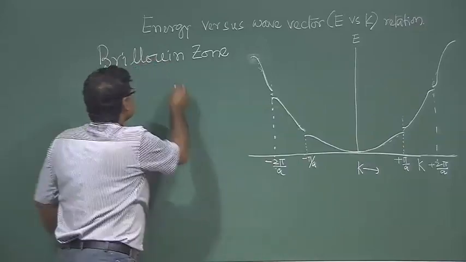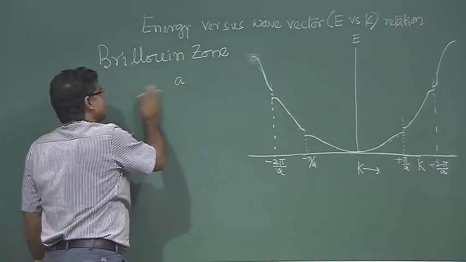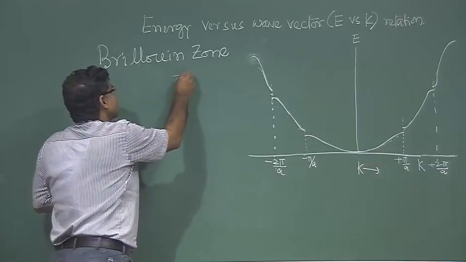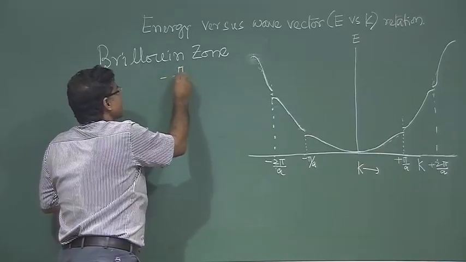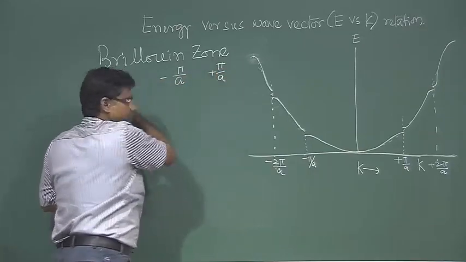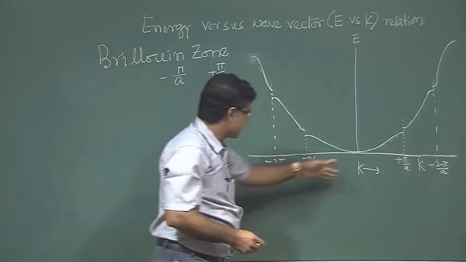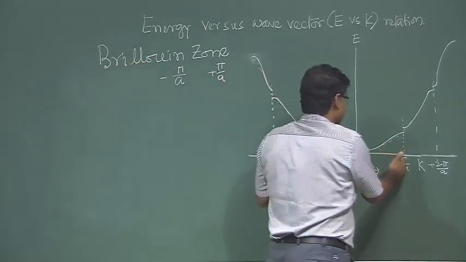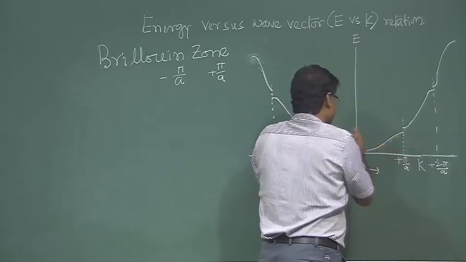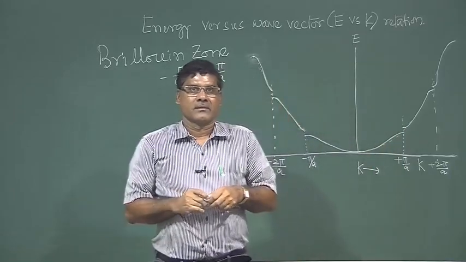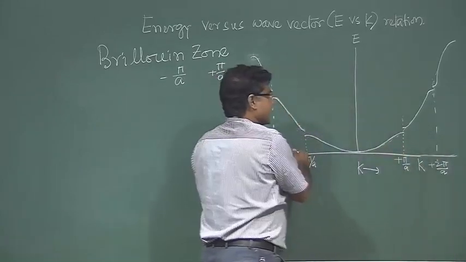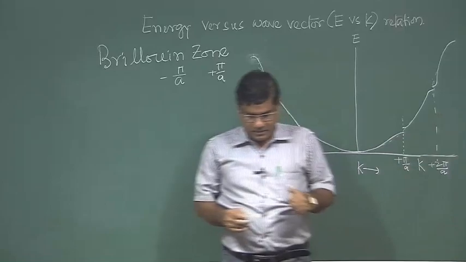There we have seen that if a is the lattice constant for 1 dimension, then the first Brillouin zone is between minus pi by a to plus pi by a, right. So, here whatever k value we are getting between plus pi by a and minus pi by a, this is the first Brillouin zone, and this other part is the second Brillouin zone. Then the third Brillouin zone, etc.